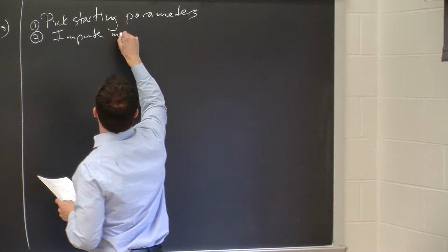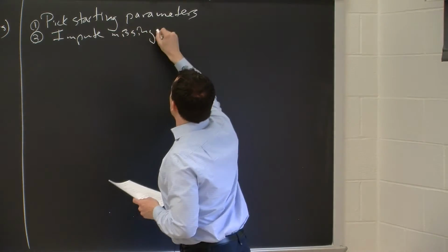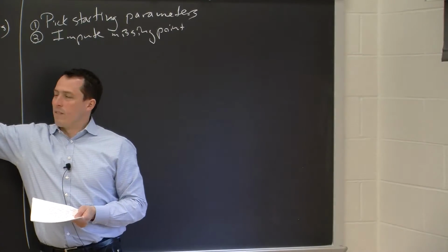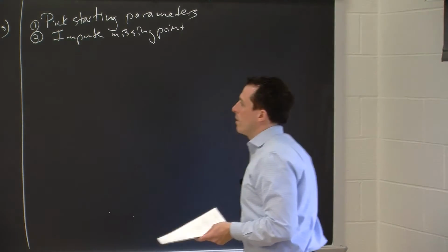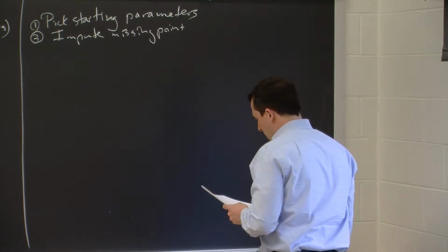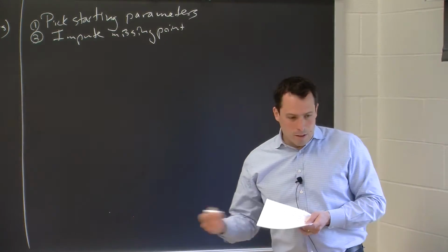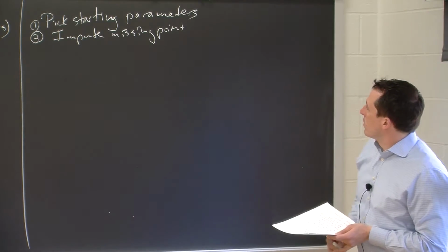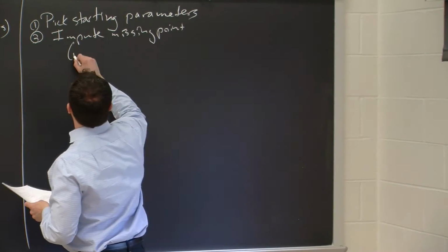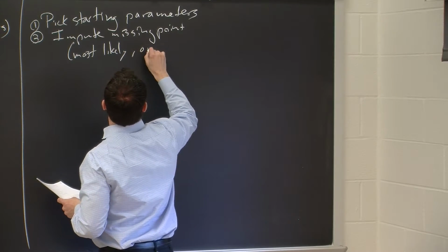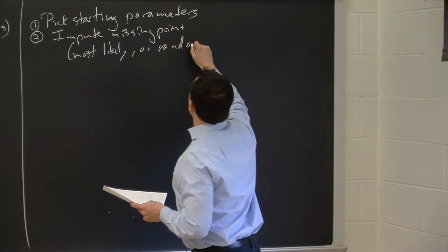So using the parameters, I could just go and fill in for each of these values some value. It's not crazy to do. We could take the most likely value. Of course, we talked about some of the biases that will introduce. So we could look at the most likely, or we could use some randomized version.